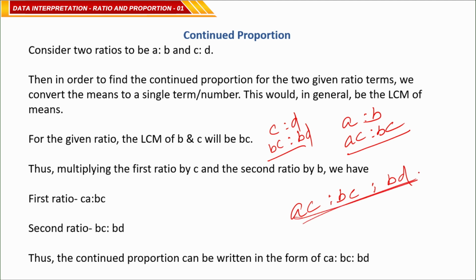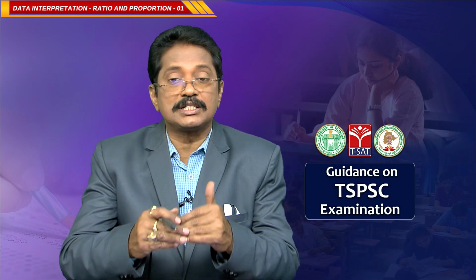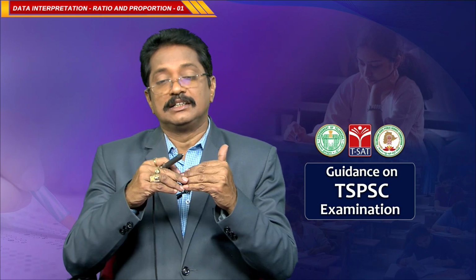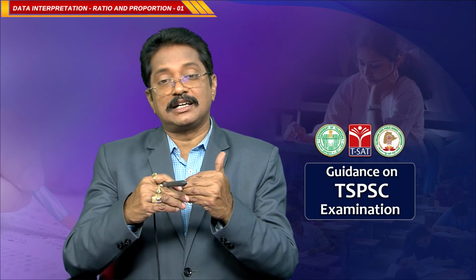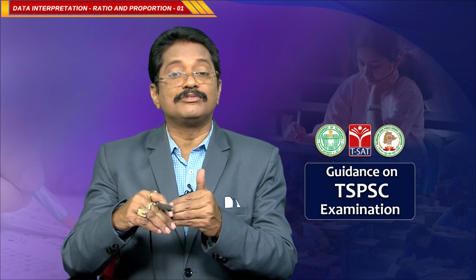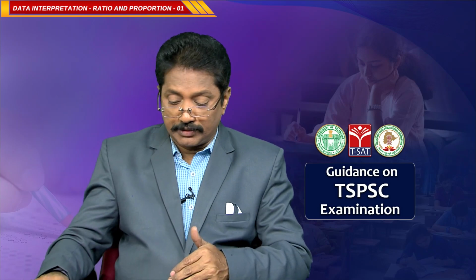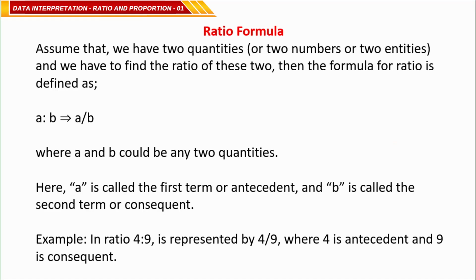Clear? In this manner, you can say a continued proportion. So, there are three proportions, as you know: one is called direct proportion, second one is called inverse proportion, and the third one is called continued proportion. Clear? Okay.